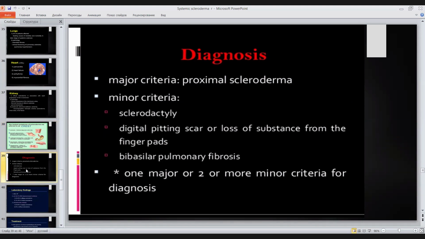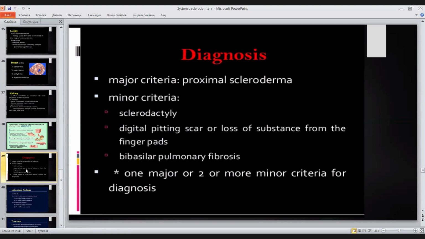In dermatomyositis, SLE, and rheumatoid arthritis, they are included. But for systemic scleroderma, the criteria are without lab tests. Of course, as a diagnostic method we check lab tests, but for the criteria it is different.